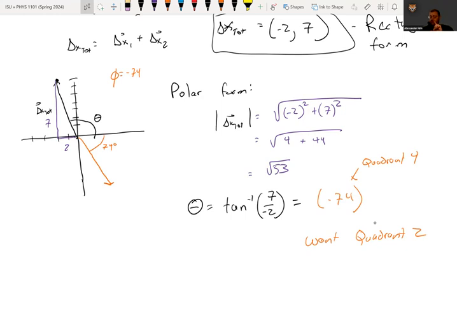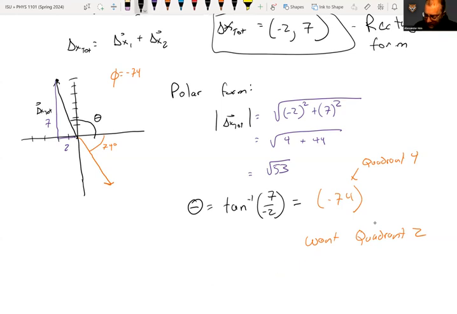So if you find yourself in this situation, what you need to do is just add 180. -74, it's -74-ish, plus 180. And what you should get is approximately 106. Okay? And 106 is a quadrant 2 angle. So that is the angle that we're looking for there. All right? I'll box that in.